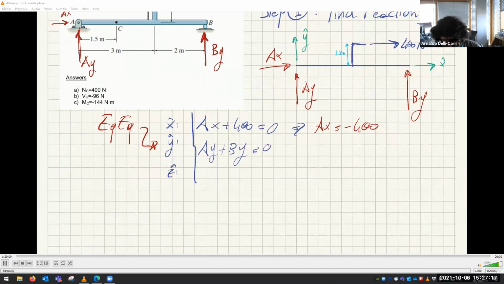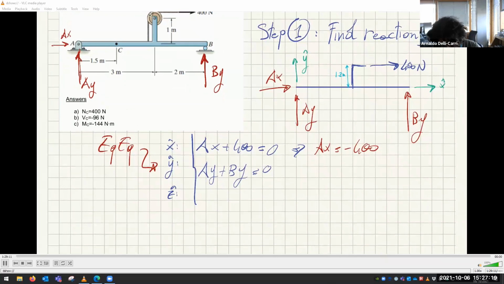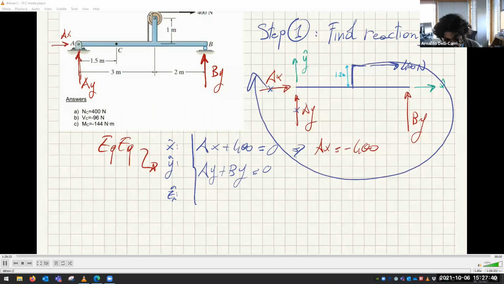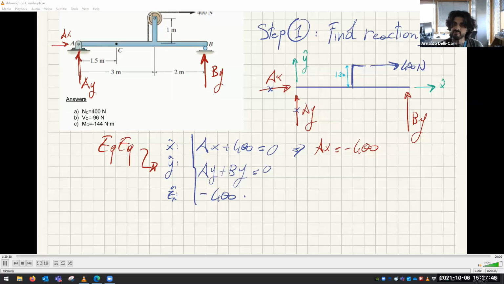And regarding Z, let's choose A again as my pole of reduction. So this gives no moment, this gives no moment, but this gives moment, and this also gives moment because they are not passing through A. Now, this force is rotating around A in a clockwise direction, so it's minus 400 times the perpendicular distance between A and this point B. This is point C that we want.